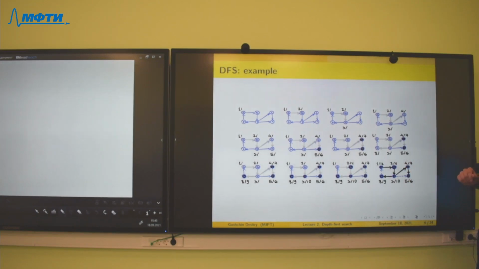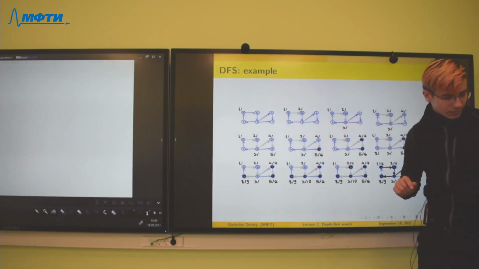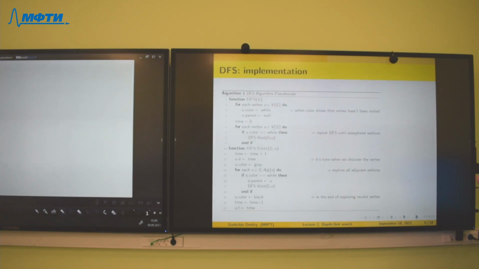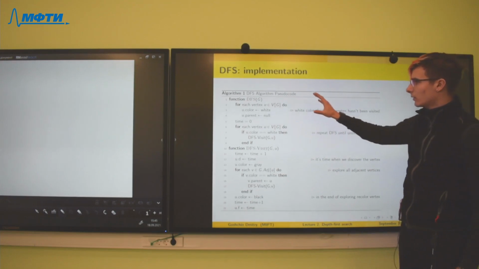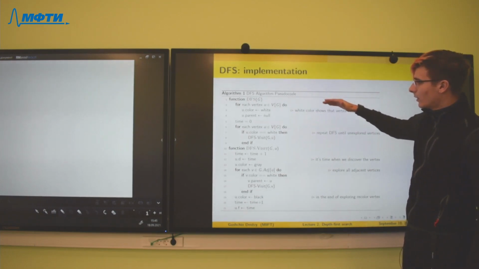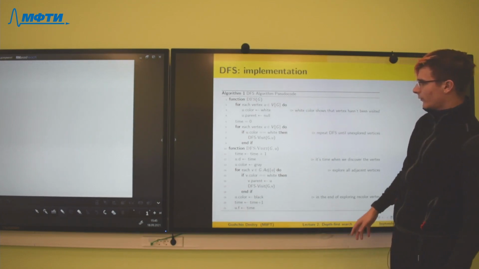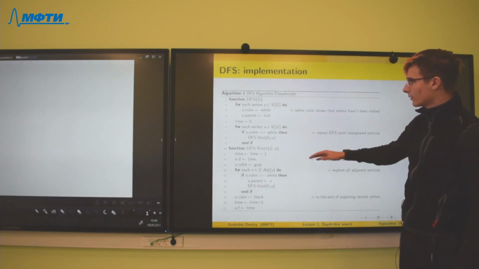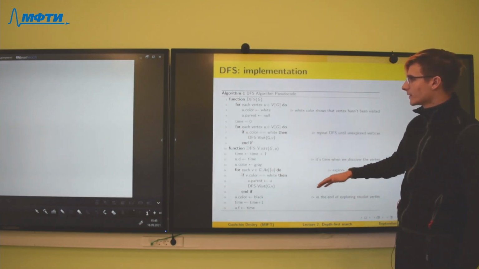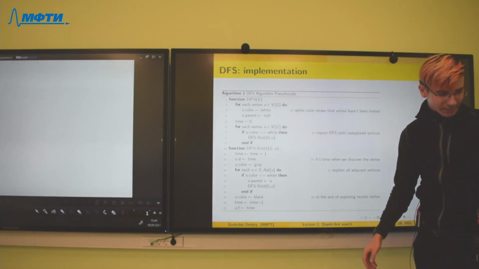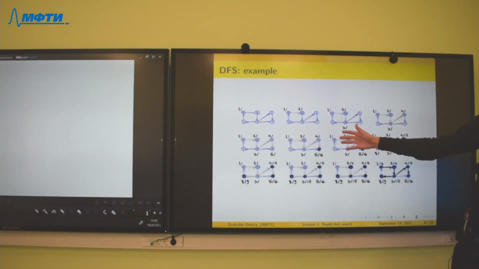About the pseudocode, at the start of our algorithm, all vertices of our graph are white vertices that have no times, as we see on this graph.